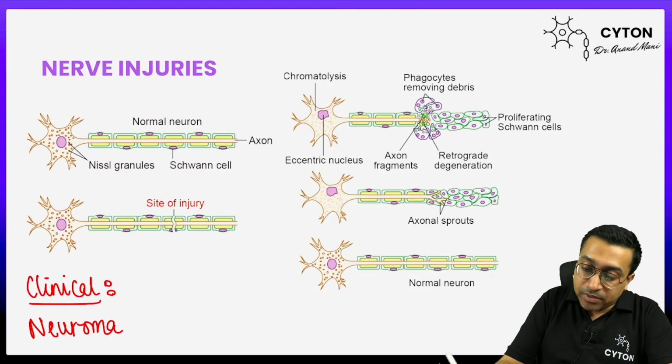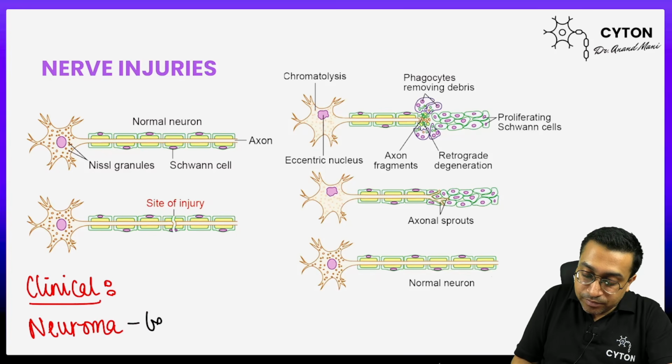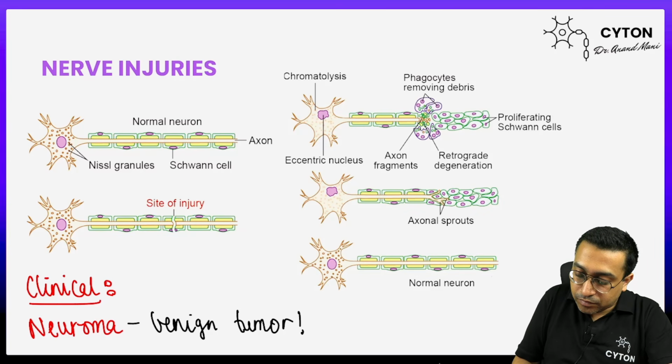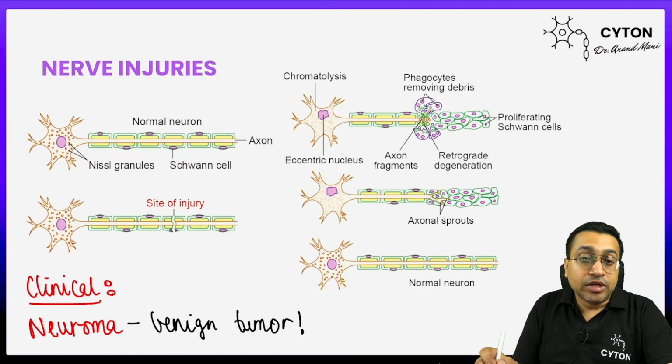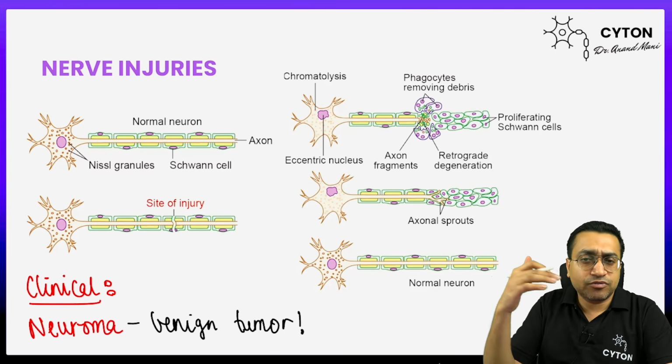Okay. So remember, it is a benign tumor. You can read about it in more detail, although it's not required. You will study all these things in further prof exams.